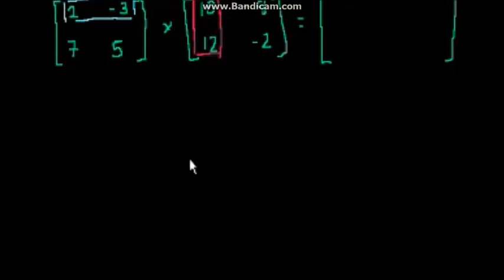So how do I do that? If you're familiar with dot product, it's essentially the dot product of these two. Or without saying it that fancy, it's just this. It's 2 times 10, plus minus 3 times 12. And that's all. I'm going to run out of space.